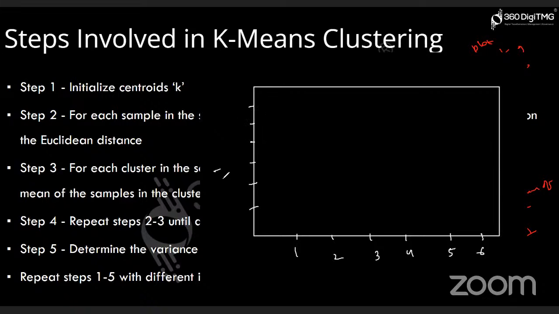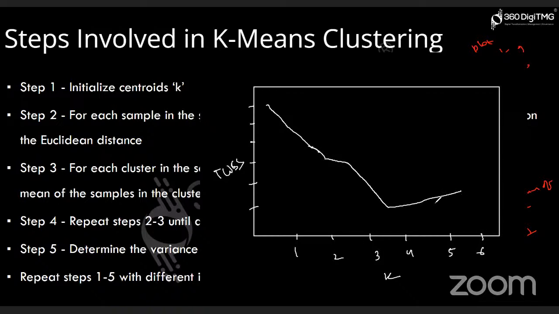The TWSS values which we found for different values of k, we are going to plot. The plot will be something like this. It will start at a higher end, but it will fall down bit by bit.